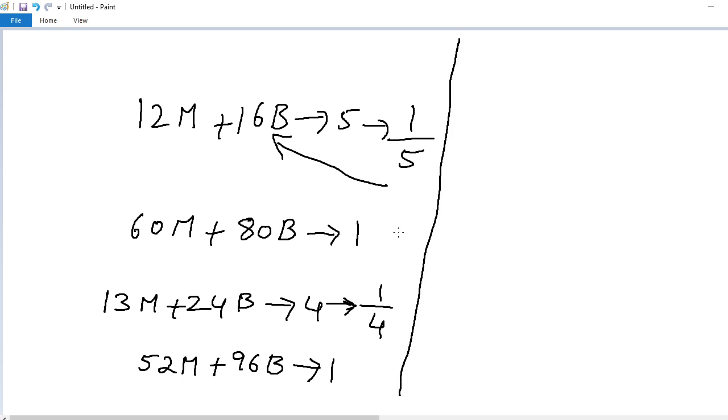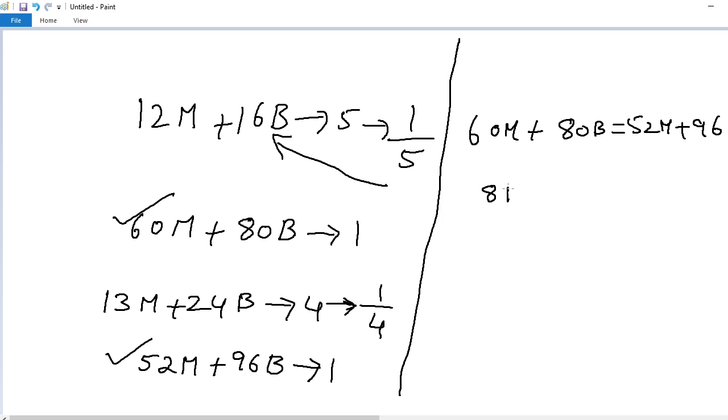So compare these two equations. 60m plus 80 boys is equal to 52m plus 96 boys. So 60m minus 52m is equal to 8 men, and 96 boys minus 80 boys is equal to 16 boys.